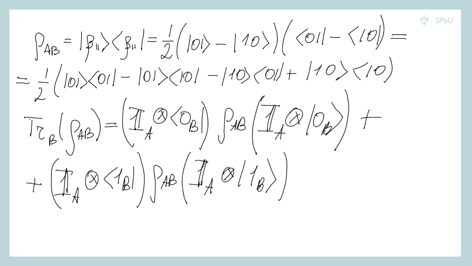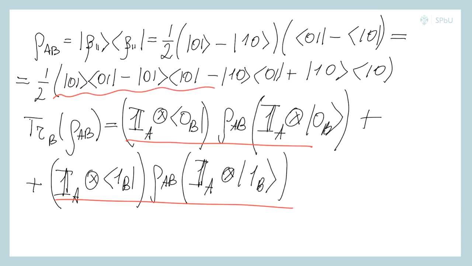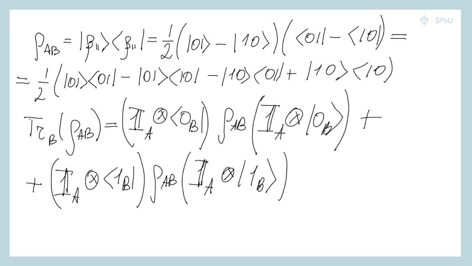Let's consider the obtained terms in more detail. The partial trace operation is linear, and that's why each one of these 2 terms falls apart into 4 terms formed by these terms. Let's take a closer look at the term that contains this construction.